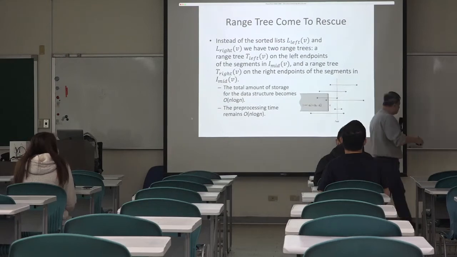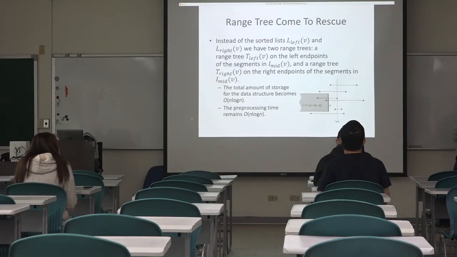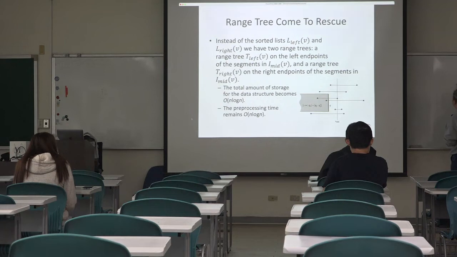The range tree is something like this. For example, here you sort according to the x coordinates, but in here you sort according to the y coordinates. Each of these is sorted using the y coordinates.